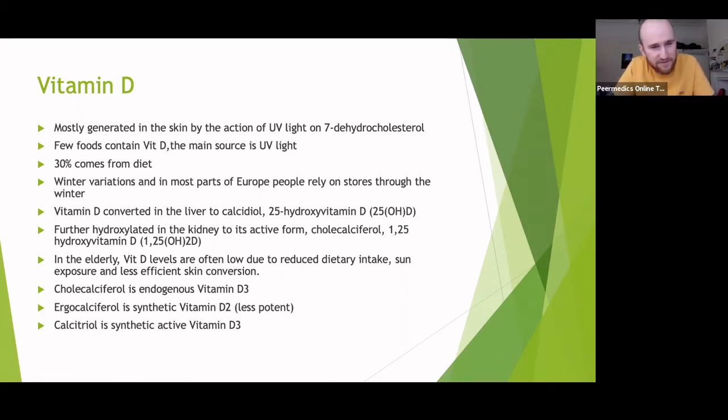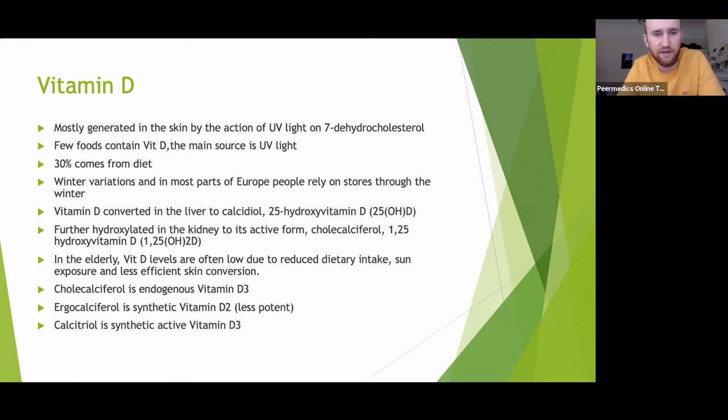And then just in terms of names, these always confuse me a little bit. They all sound very similar, but basically cholecalciferol is vitamin D3, and the active form is 1,25 hydroxy vitamin D. That's the last stage of hydroxylation.